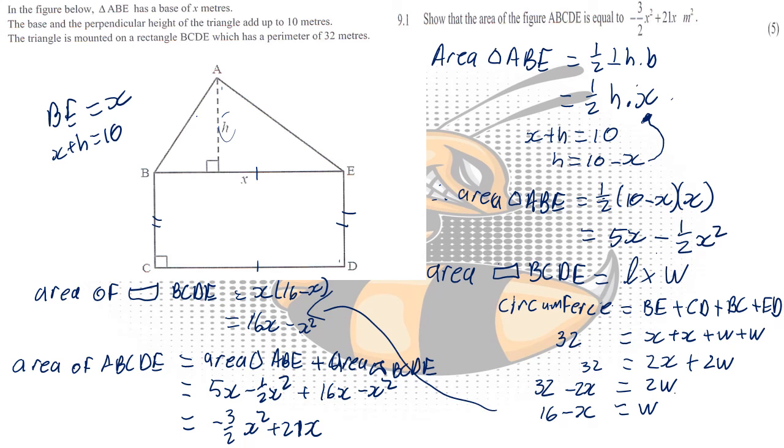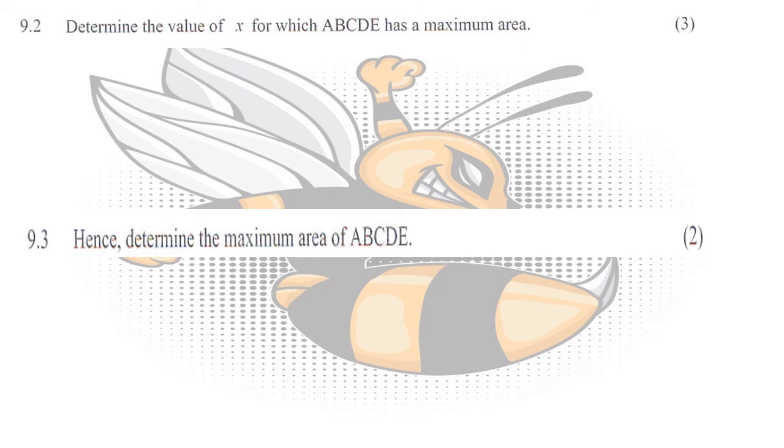Now, the next question asks you, determine the value of x for which ABCDE has a maximum area. So in this case, the area of ABCDE can be represented by the function minus 3 over 2 x squared plus 21x.